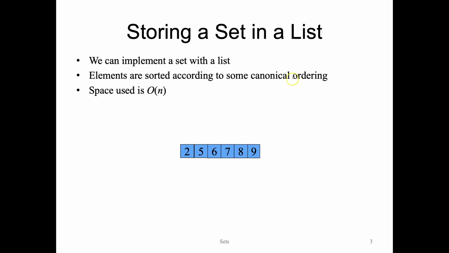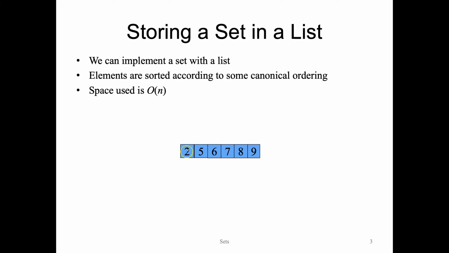So we're going to store a set in a list, just with an ordered list. Now remember, a set doesn't have any duplicate items, so we're only going to store distinct elements. And while a set itself isn't ordered, we're going to internally maintain an order to it just so that we can efficiently implement these set operations following just any ordering.